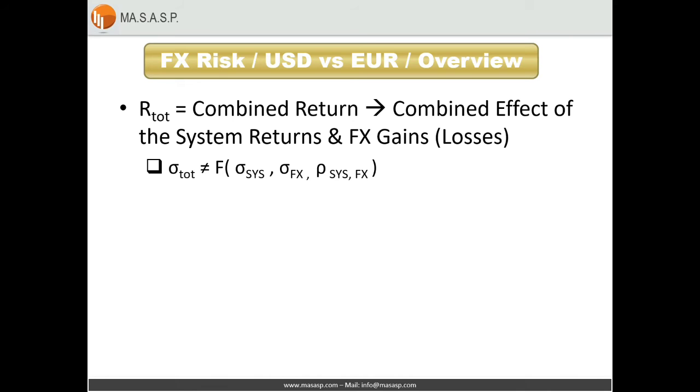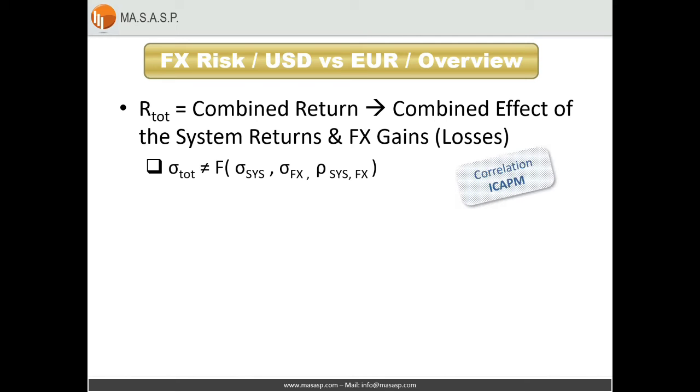Let's then analyze the combined effect of the system returns and the Forex gains and losses. Let's do that in general without focusing on the MASASP system combination. Let's take the Standard & Poor's index instead.